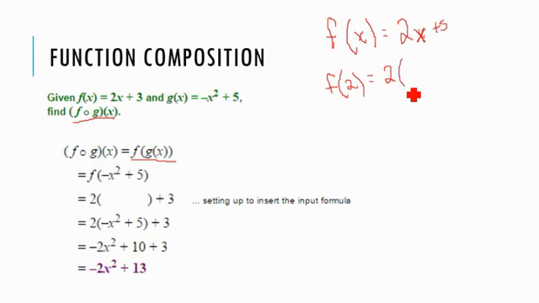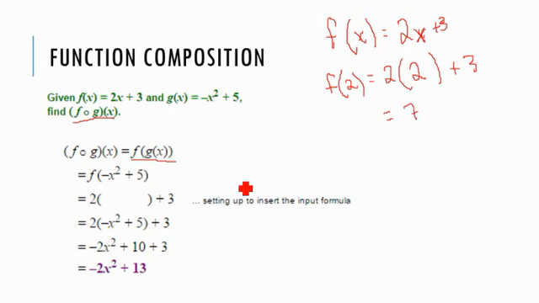Wherever I see an x, that's where I'm going to put a 2. Just like f of x, f of 2, if you look at f of 2, 2 replaces the x. So over on the right side of the equation, the 2 needs to replace the x. I would do that. 4 plus 3 is 7, so f of 2 would equal 7.